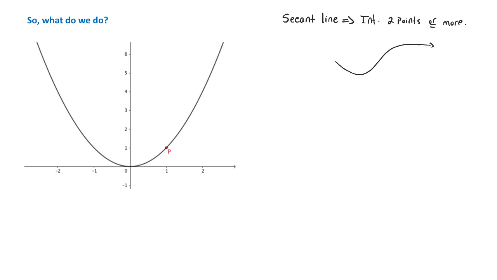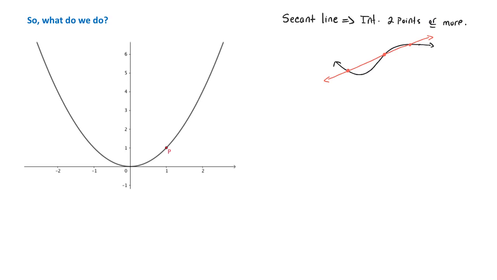Okay, so this is my graph. And let's say that I draw a line like this. This line immediately becomes a secant line because I have points of intersection. I have 3 points of intersection, right? To be a secant line, you have to have 2 or more points of intersection. Here I have 3 points of intersection, so this line becomes a secant line.